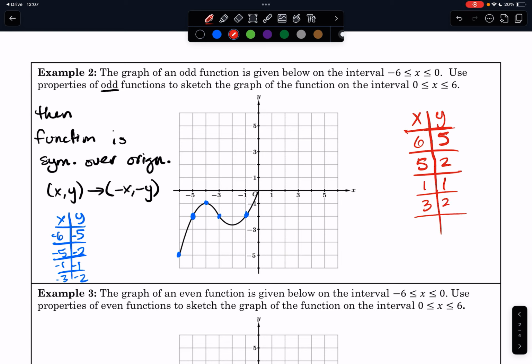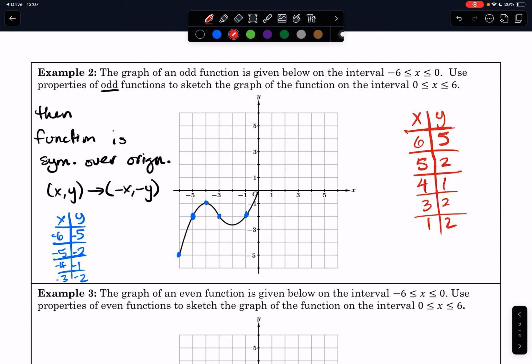And of course this one right here, which I didn't put on my table, oh, this is -4, I'm sorry. Hold on, go back. This is -4, -1. So this would be +4, +1. And this one right here, that coordinate is -1, -2. So then that would mean that the point 1, 2 would have to be on the graph.